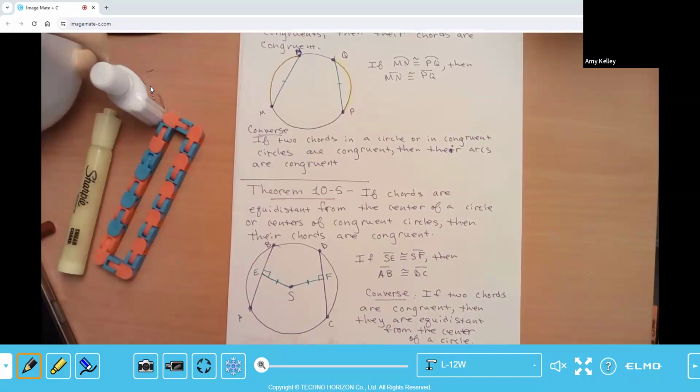I'll leave that there for just a second. Let's see how we're doing. We've got 2 more theorems and a couple of examples.